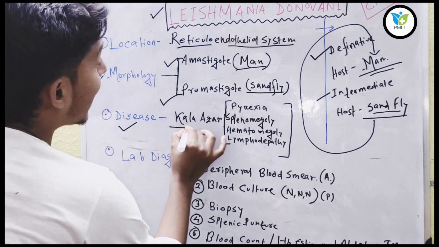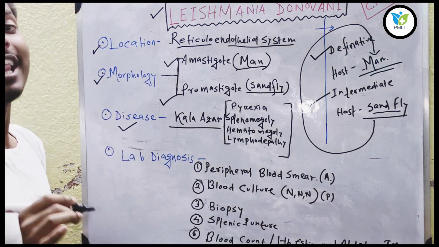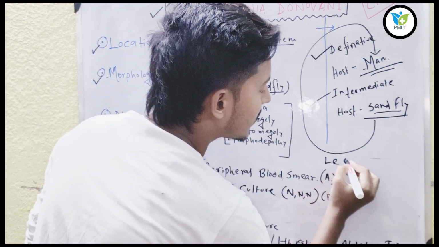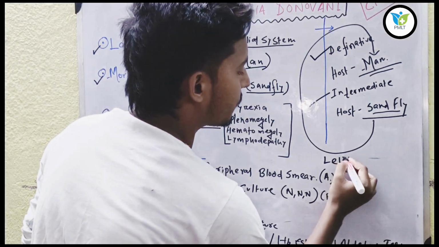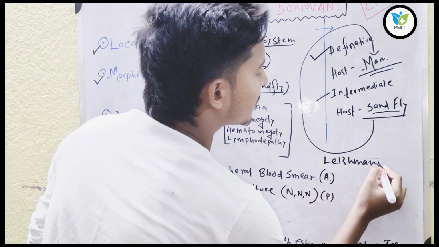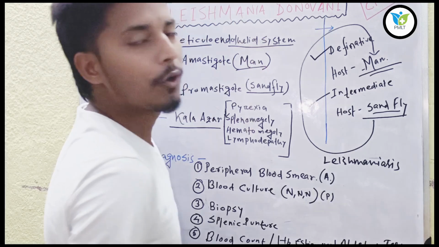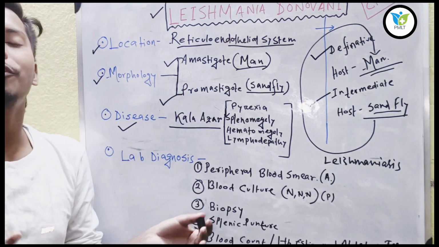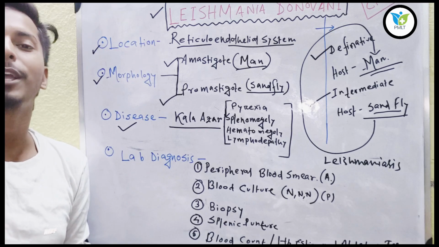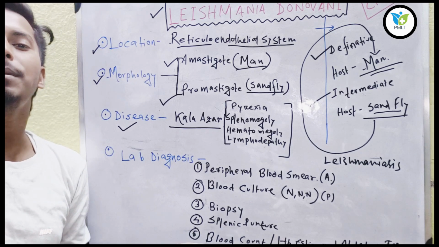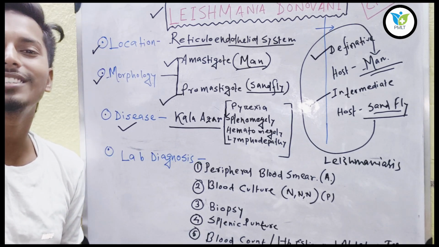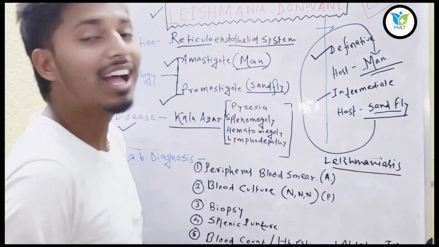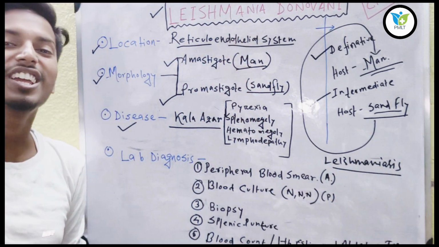Kala-azar, another name for which is leishmaniasis. Understood? Like whenever Ascaris lumbricoides attacks, that is ascariasis. Whenever microfilaria attacks, that is microfilariasis. Whenever amoeba attacks, that is amoebiasis. That is also called leishmaniasis. It is the disease condition, leishmaniasis.